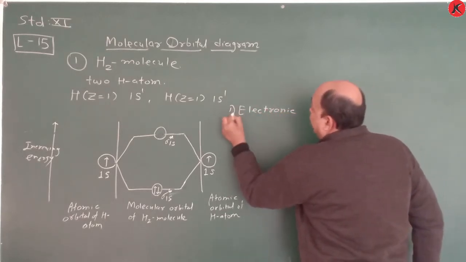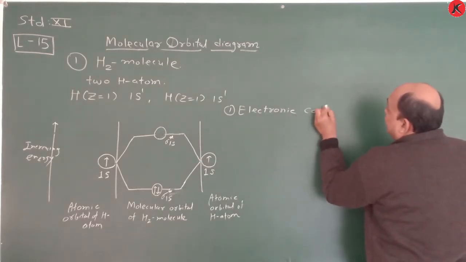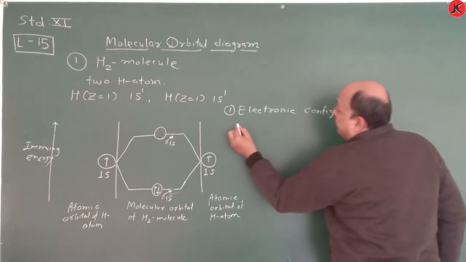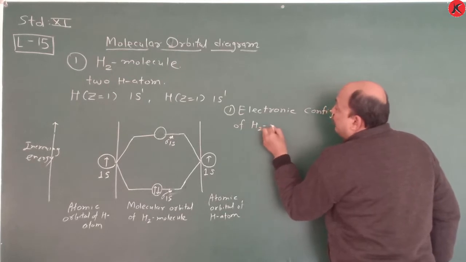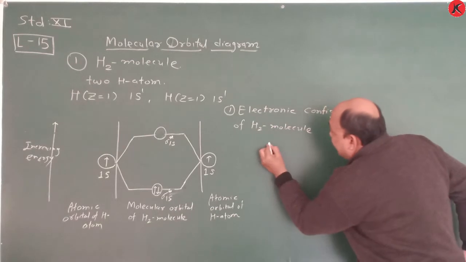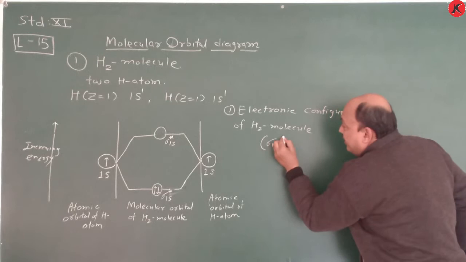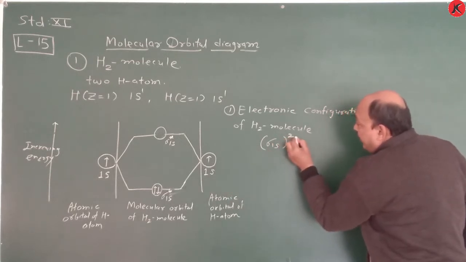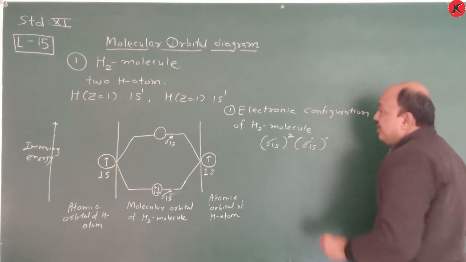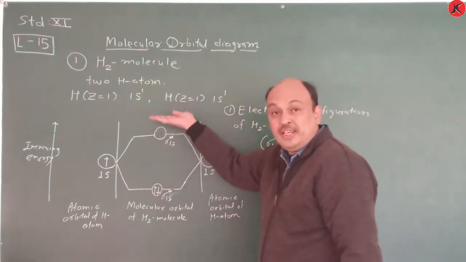First we write the electronic configuration for the atom, but now the electronic configuration of the H2 molecule. You write sigma 1s, bonding. How many electrons are there? 2 electrons. And sigma star 1s, 0 electrons. This is the electronic configuration of the H2 molecule. You have to write this.